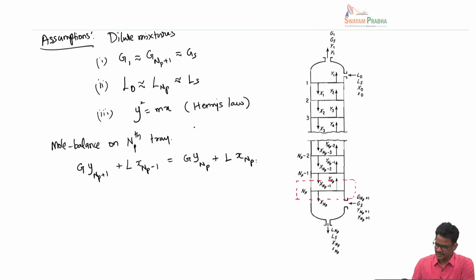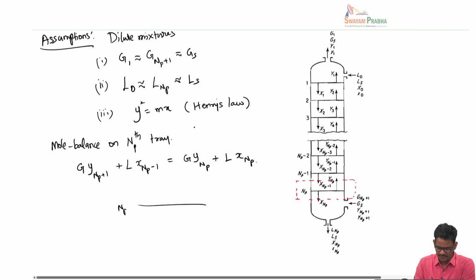If I look at the last tray, I can draw here the NPth tray.